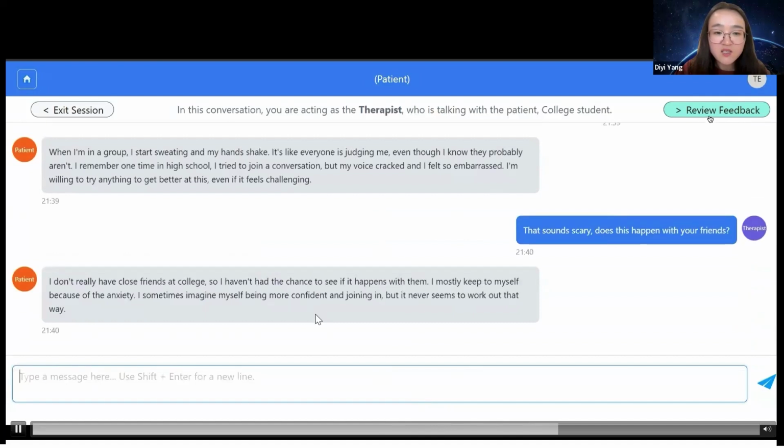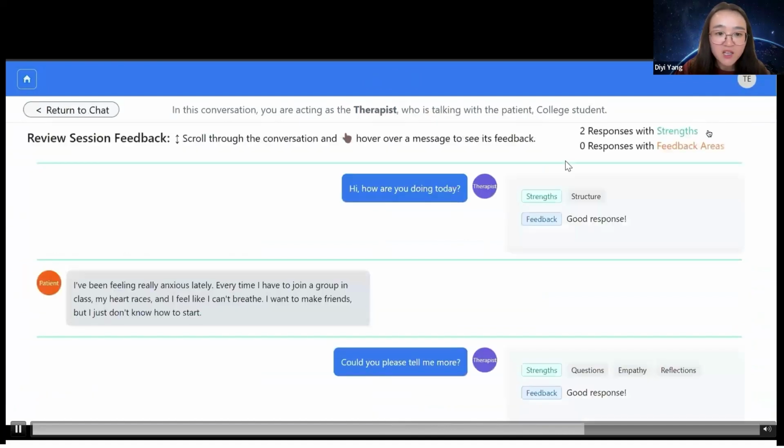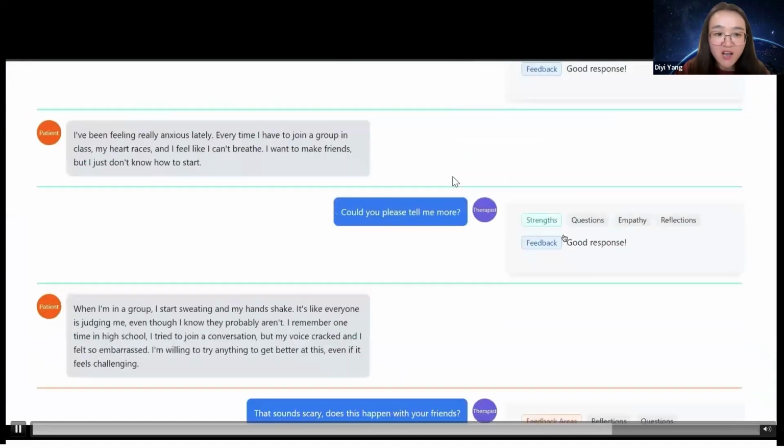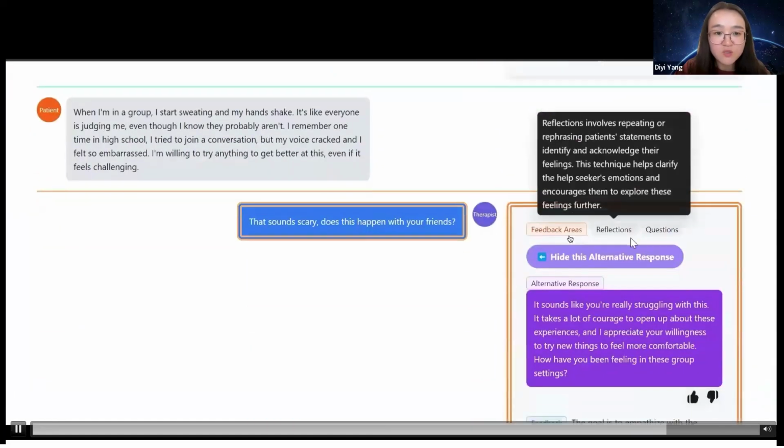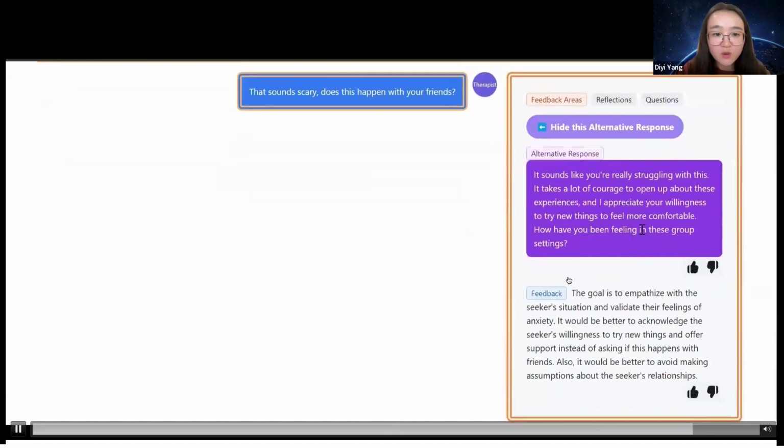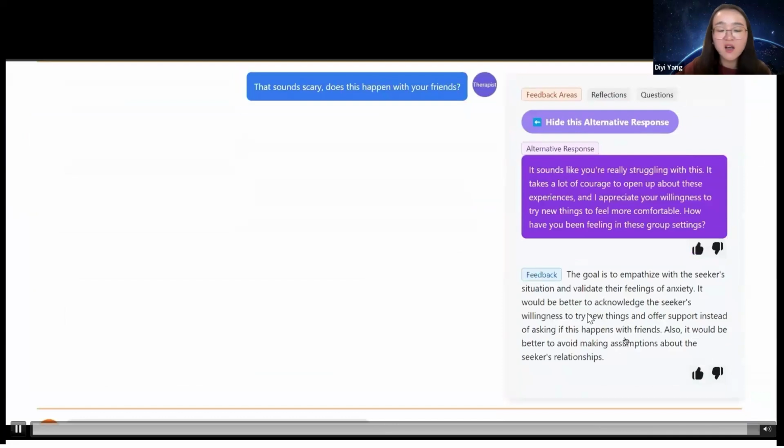And this is our AI mentor. The AI mentor will tell us where we did well and what areas we could improve. Then it will also give us some specific responses. In this way, the person can learn by looking at those different types of feedback.